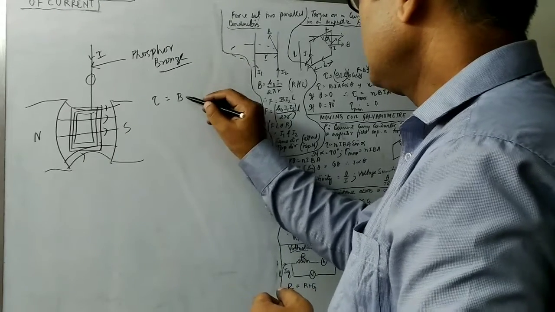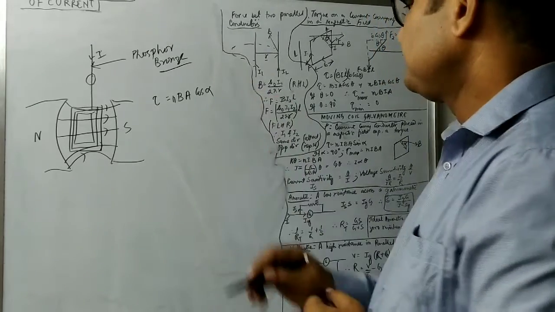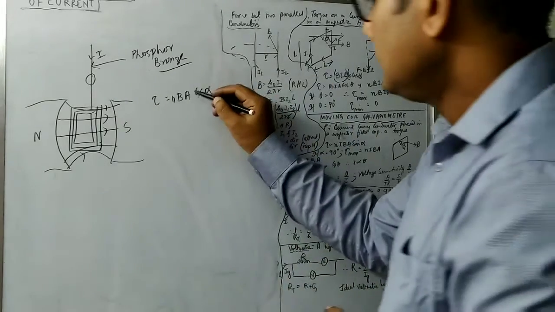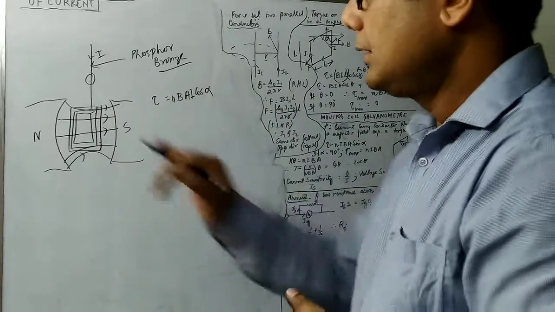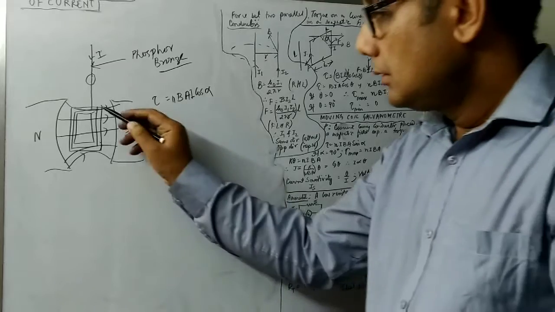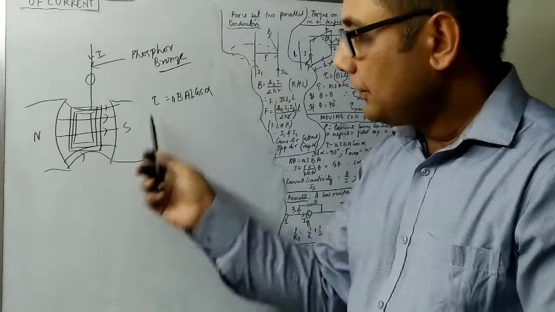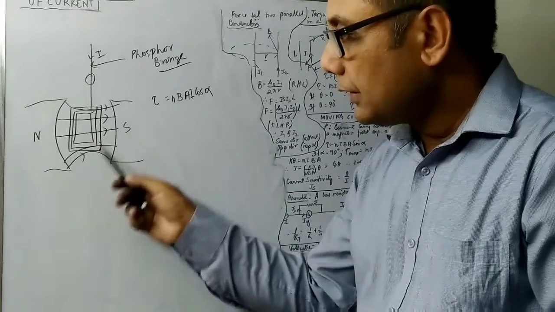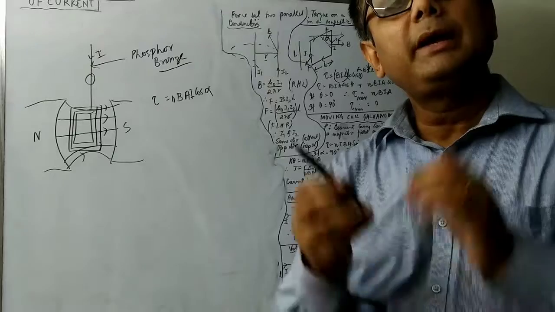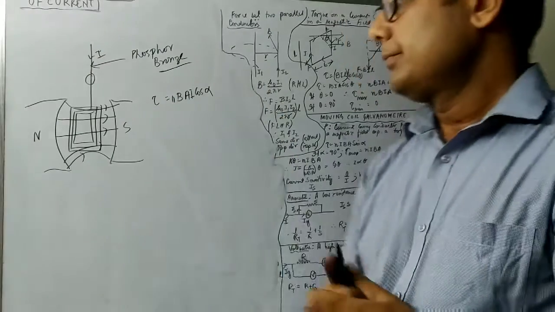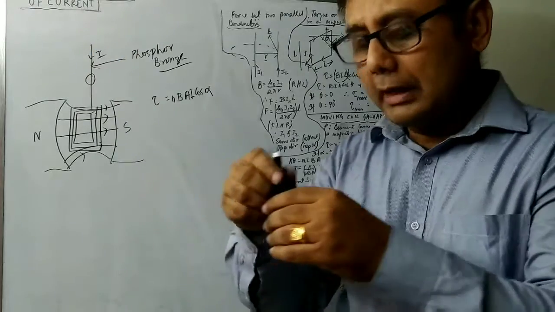The torque is NBA I cos alpha. This is the torque acting on this coil, having n turns, magnetic field B, area of the coil A, current I flowing, and alpha is the angle made by the normal of the coil with the magnetic field. Clear?